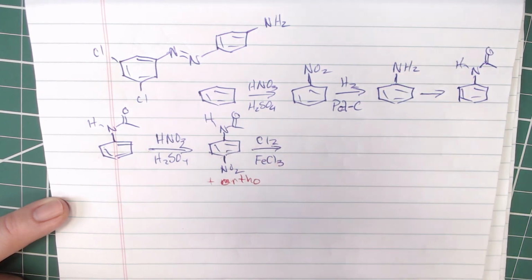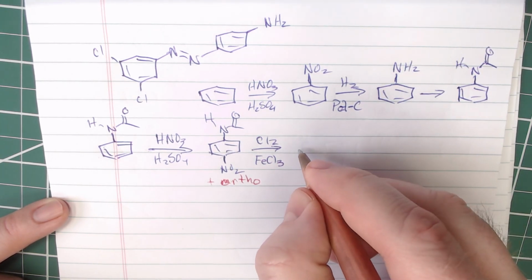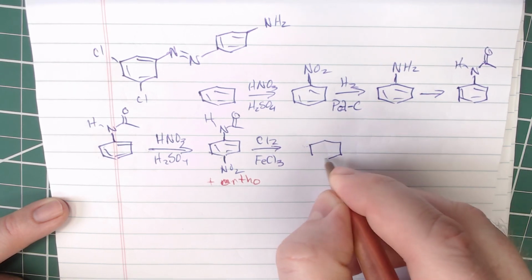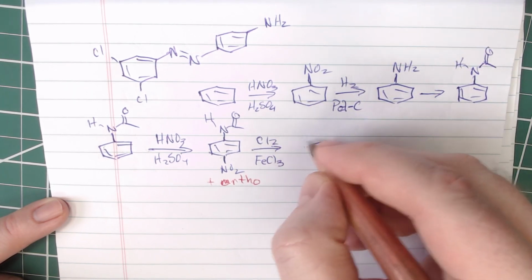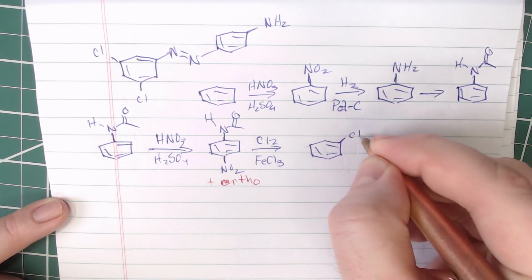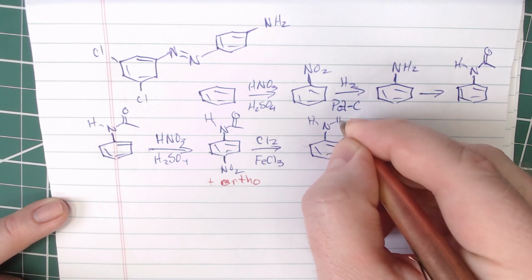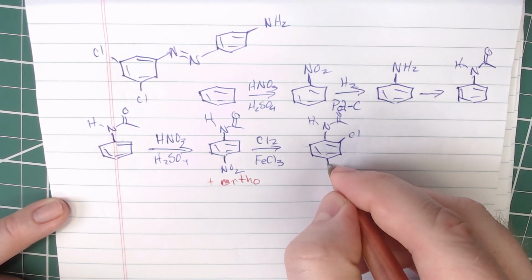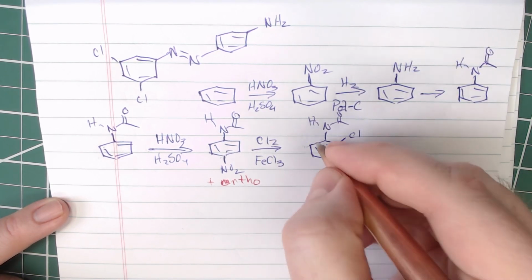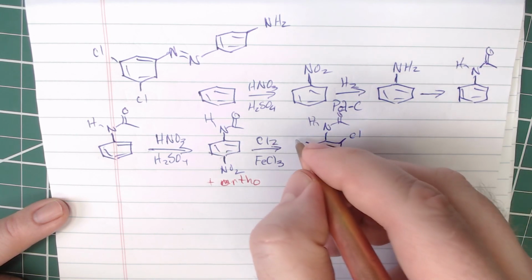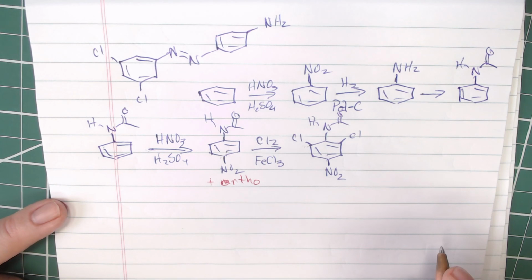And so it's probably best that we protected it anyway. Here, with that chlorine, we could add 2 chlorines on there. So NH carbonyl. Down here, we still have the nitro. And then here, we've got Cl.